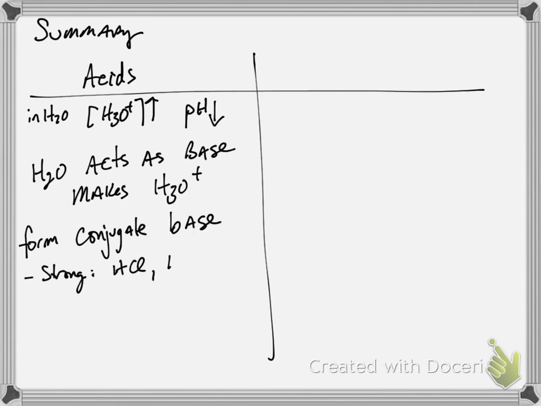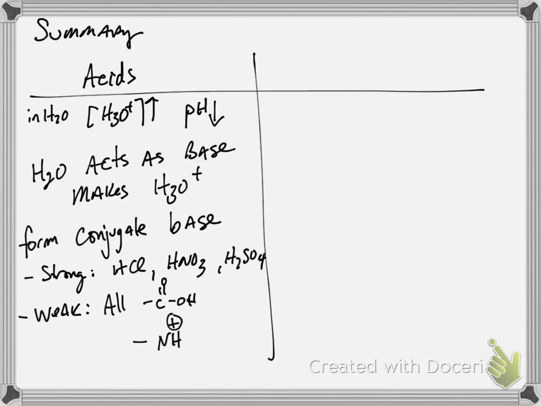If they're strong acids, there's only three of them: HCl, HNO3, and H2SO4. All the others are weak, and the two that we've spoken about are C double bond O, OH, and NH. Any nitrogen with a positive charge, so any molecule with a positive charge, will act acidic, but the neutral will be COOH.